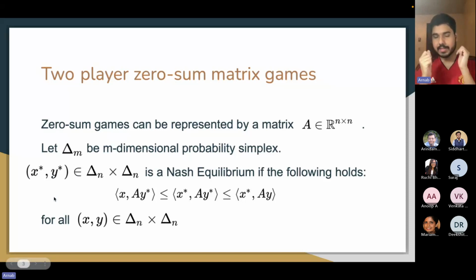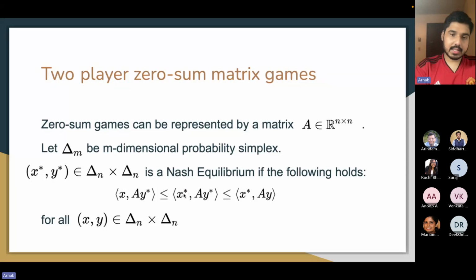When the two players play strategies x star and y star, each of them gets some reward, of the same magnitude but opposite sign. From that reward, they cannot change their strategy and get a better reward. Such a pair of strategies is called a Nash equilibrium. Mathematically, the value the X player is getting is x star A y star.